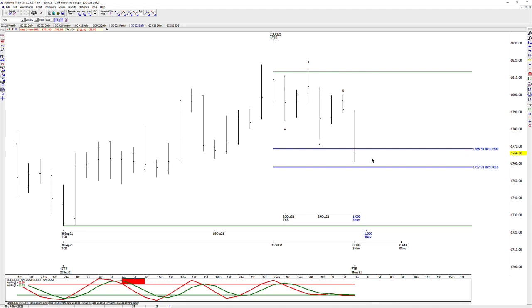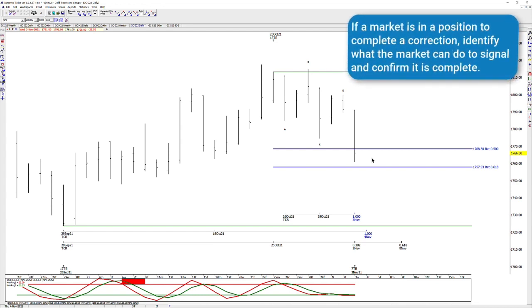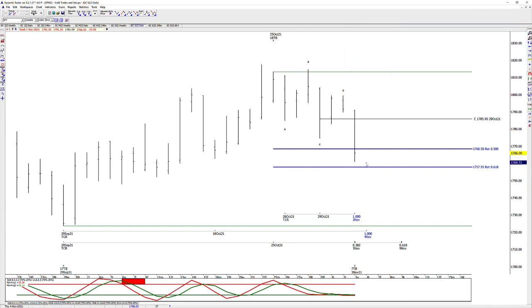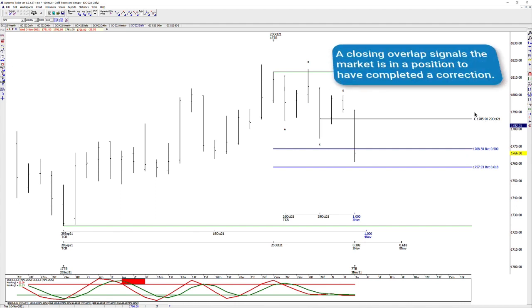Now, this is futures data because I usually trade futures. So what would be a couple of signals that this correction should be complete? Well, the first signal that it's probably complete, given that it's reached the ideal time target to make a daily low and a corrective low, and it's in the price relationships for a corrective low, would be a close back into the closing range of this little short-term decline, a close above 1785.90.